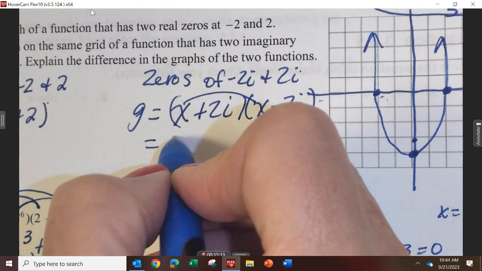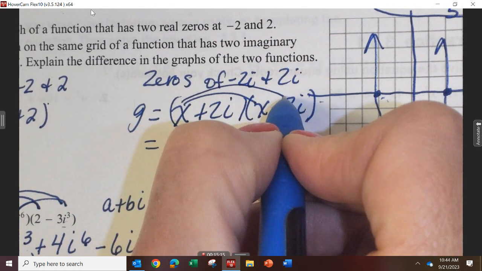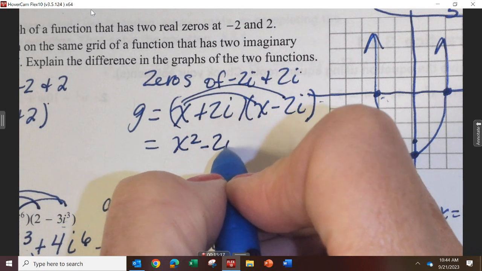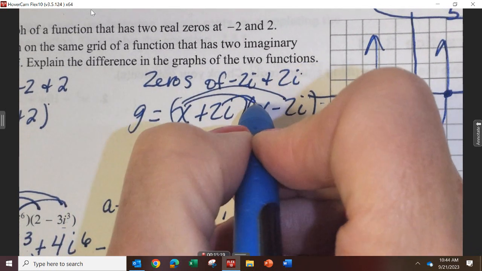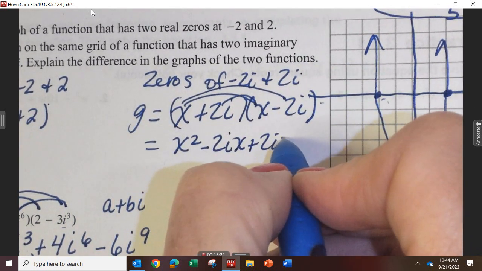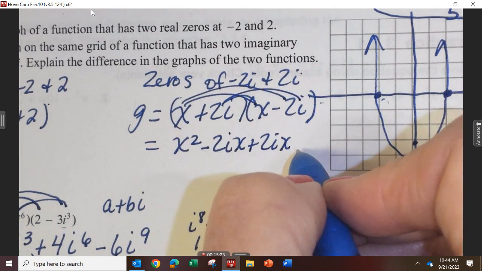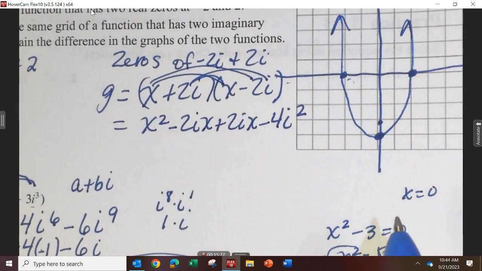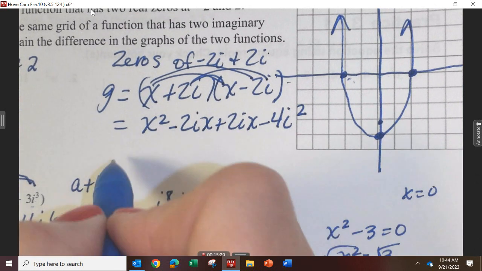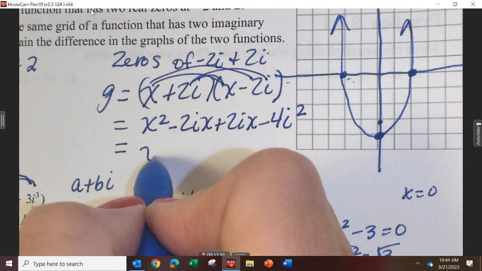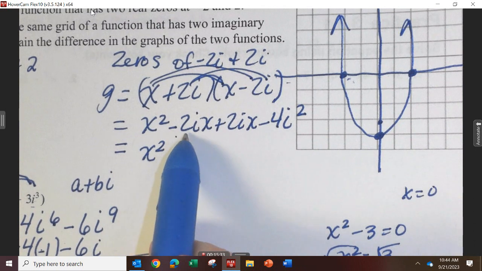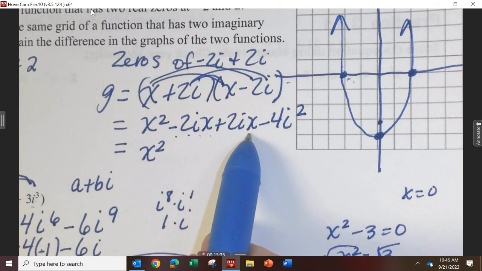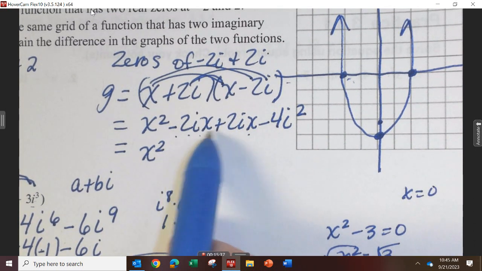X times x is x squared. The outers give me negative 2ix. The inners give me positive 2ix. Last times last gives me negative 4i squared. Okay, I like it. So now I've got x squared. What's negative 2ix plus 2ix? What's going to happen with those two?